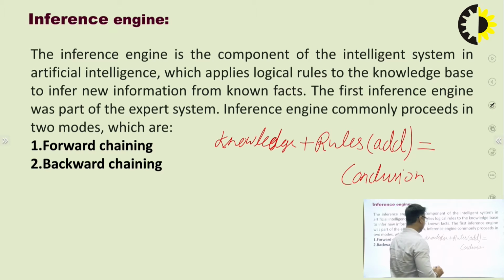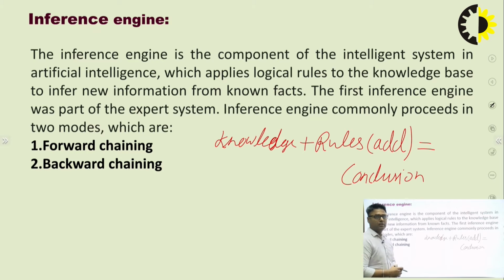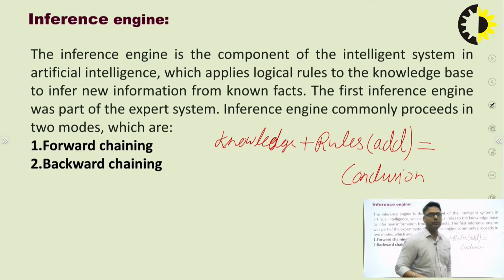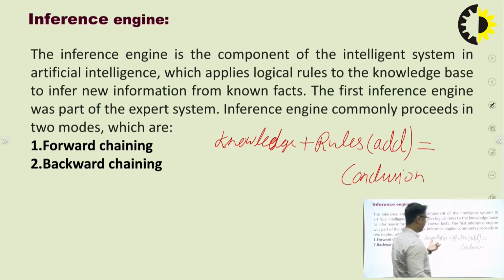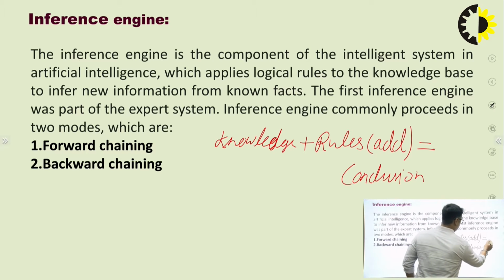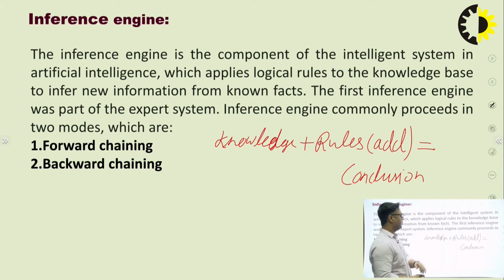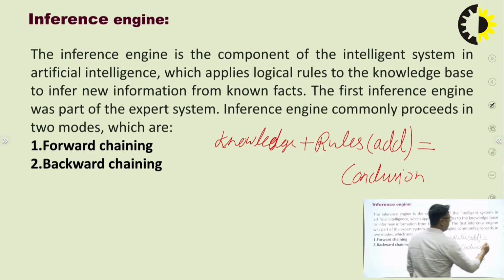That means in an inference engine, I collect different information from different places, add some rules, and create a conclusion. That is already mentioned here: collect the knowledge, add some rules, and finally move on to the conclusion. Basically, the inference engine commonly proceeds in two modes, which are forward chaining and backward chaining.